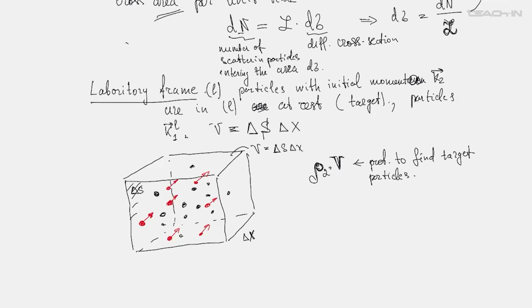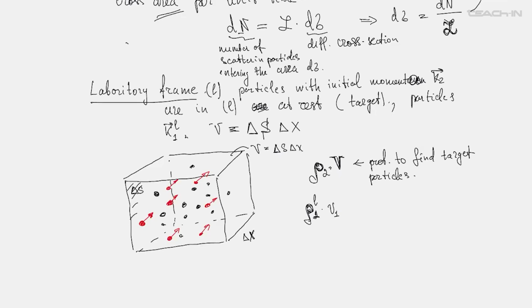And so how to compute the number of the particles which have a chance to get in and collide? It is given by ρ1, the density of the particles of the first beam in the laboratory frame, multiplied by V1L.